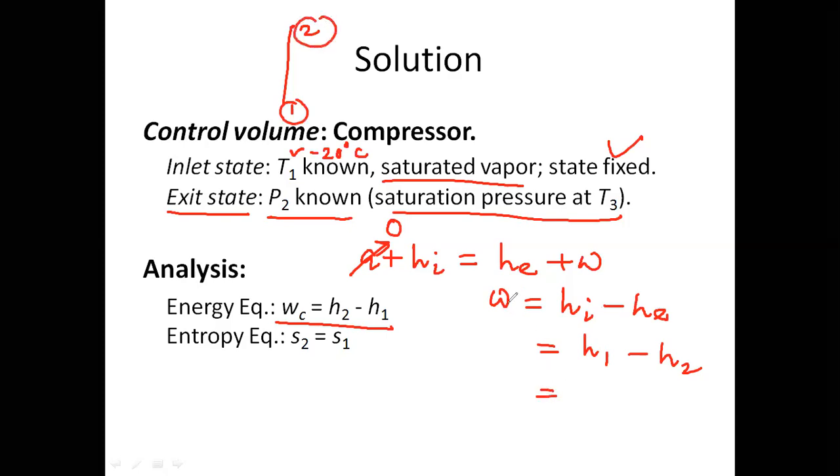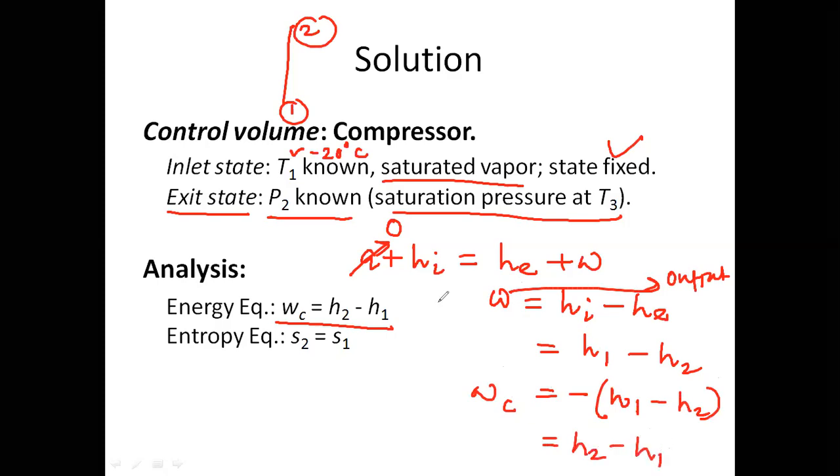Now, conventionally this is work output, so work input to the compressor is the negative of that, so that is H2 minus H1.